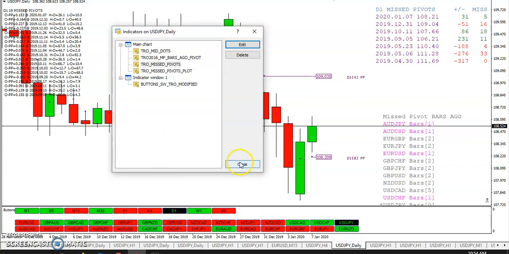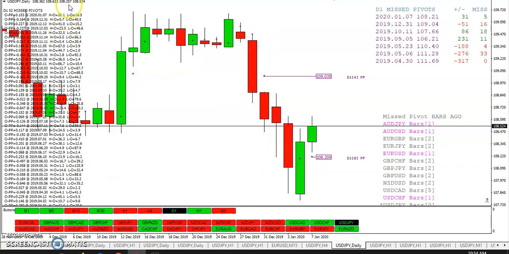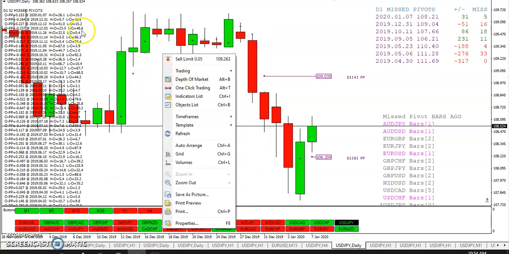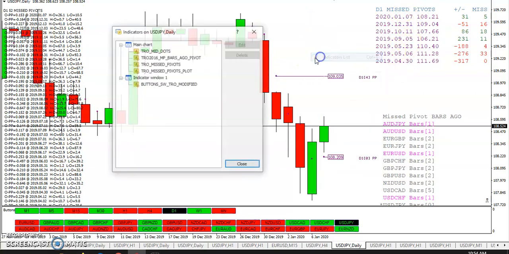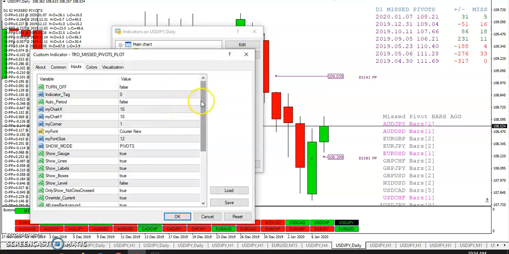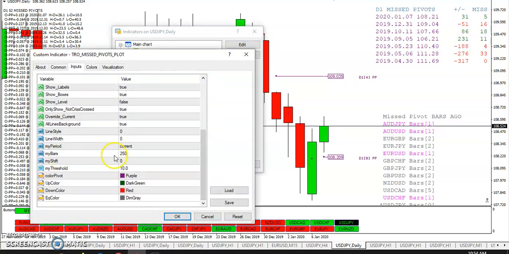Okay. So you can see there was a lot more missed pivots, but lots of them have been filled, and that's what's left out of the missed pivot spot. 250 daily bars.